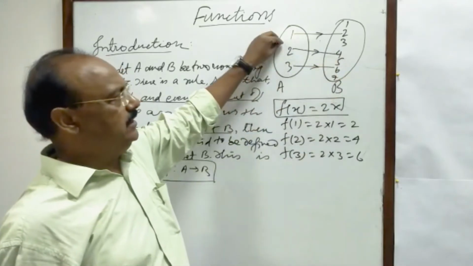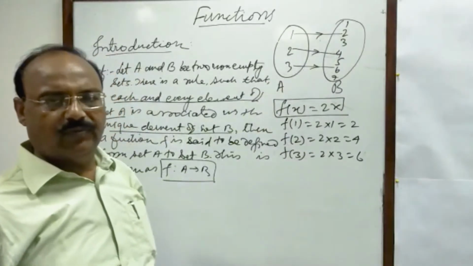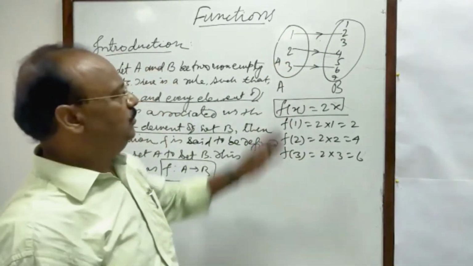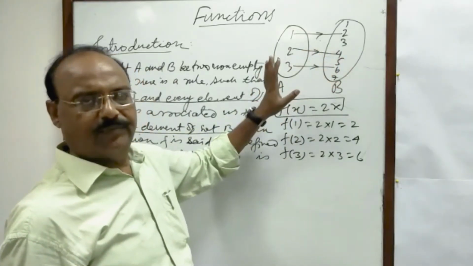If any element is associated with more than one element, then this function will not exist. Or if any number 4 is here, which has not been associated with any number of set B, then this is not a function.